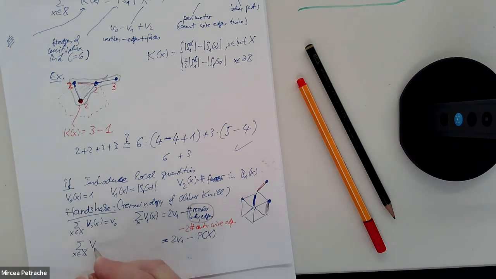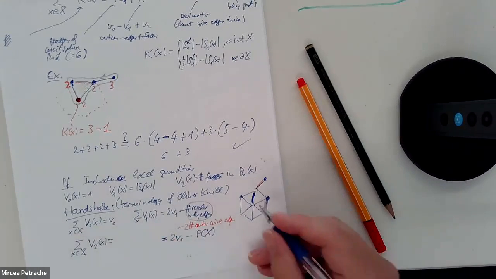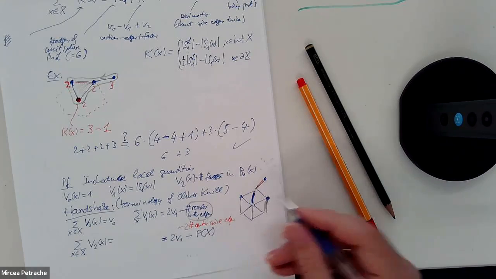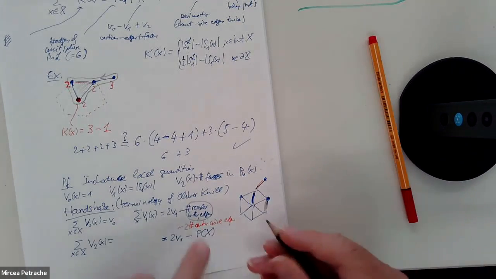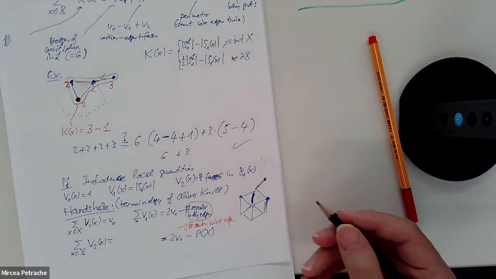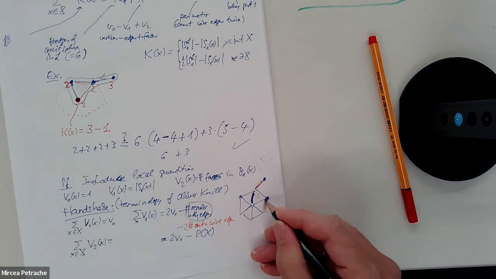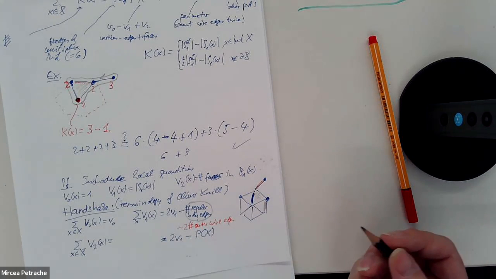The sum over x in X of V2 of x, so the number of faces. In a triangular graph, take any face. There's no regularity requirement. Each face has exactly 3 corners because it's a triangle.